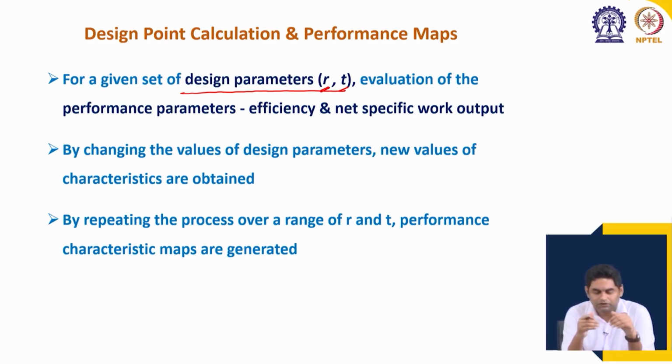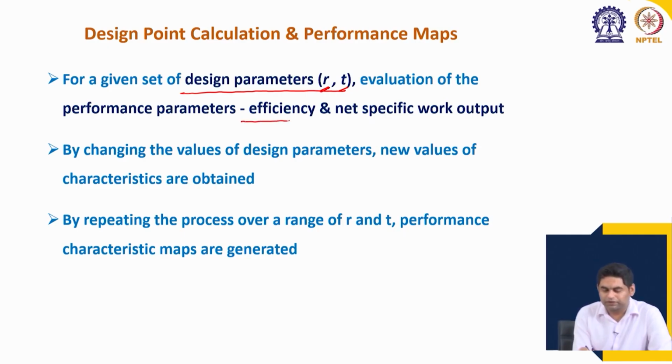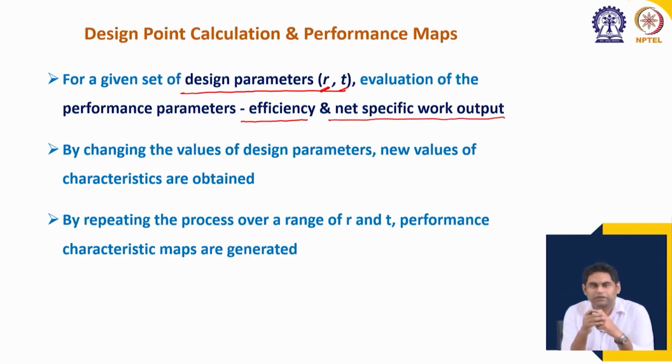For a given set of values, let us say R equal to 10, like we had taken, and T equal to 5, that was the case for our problems. We evaluate the performance parameters numerically, in our case efficiency and net specific work output, in non-dimensional or dimensional form, it is up to us.